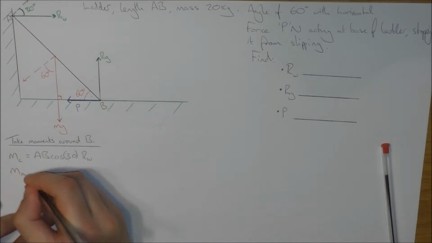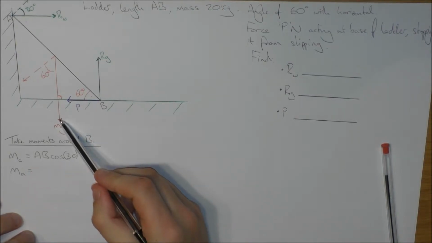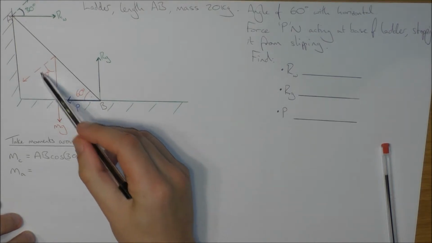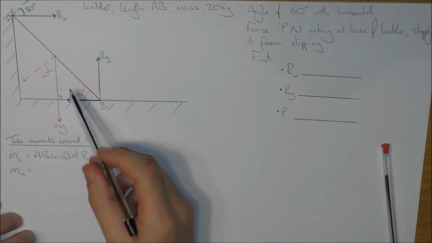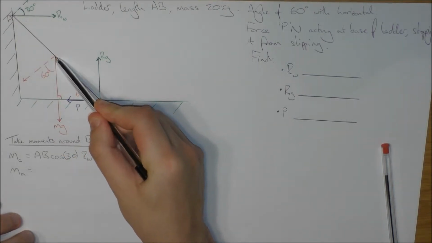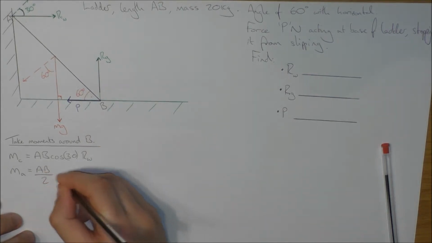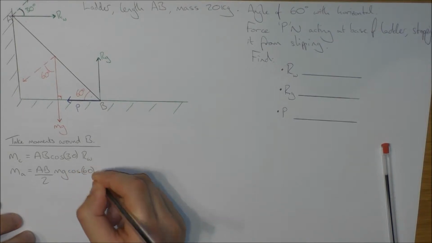And take moments anti-clockwise, and I know that this is mg, and again I'm going through an angle, so it's mg cos 60. So that's the force, and that's at a distance of exactly halfway because the weight acts at the centre of mass. So I know that that's going to be AB over 2 mg cos 60.